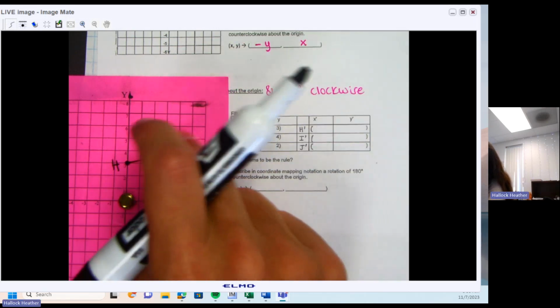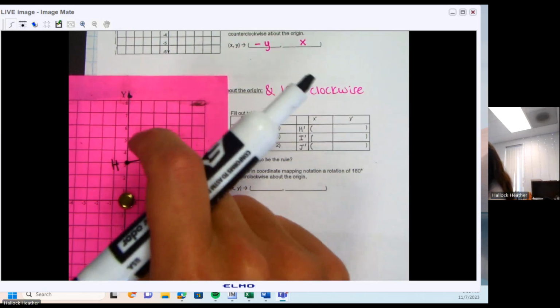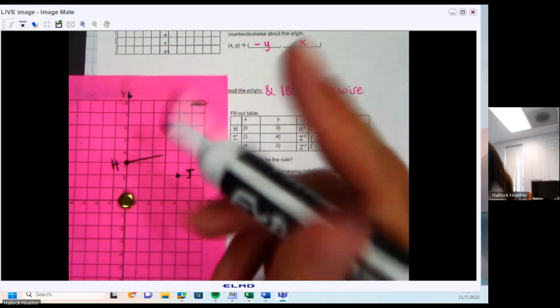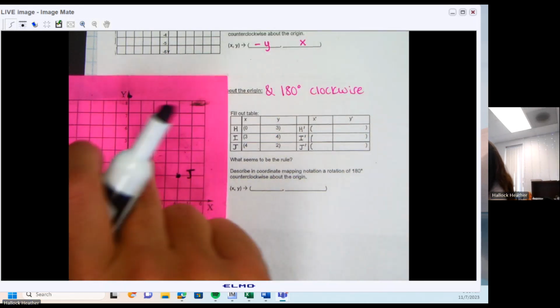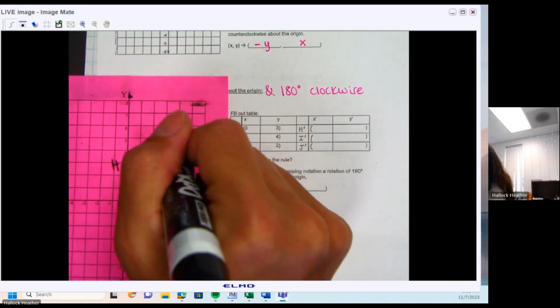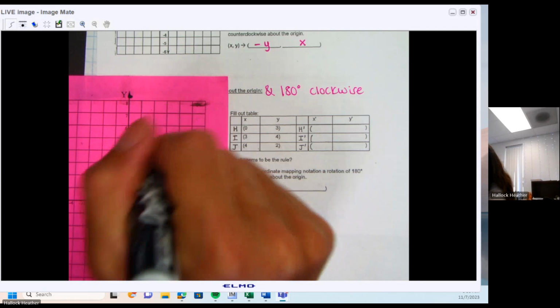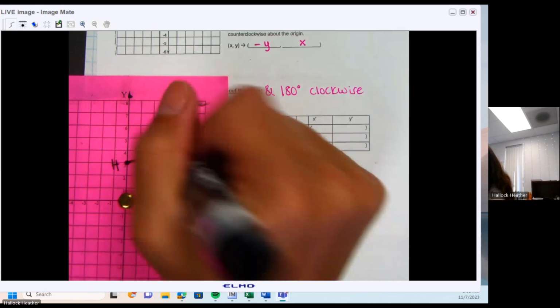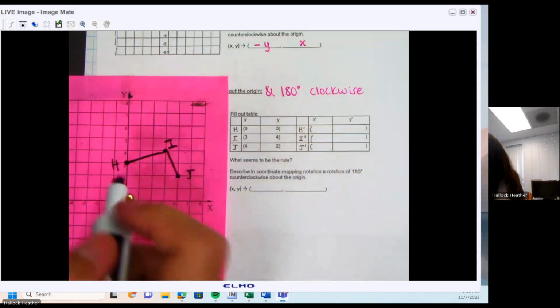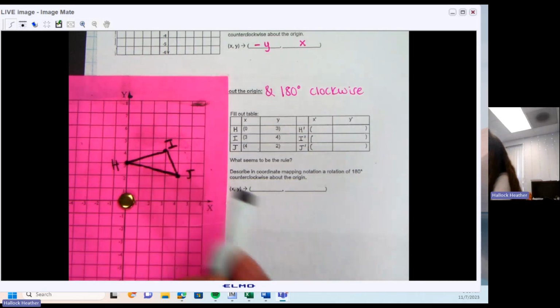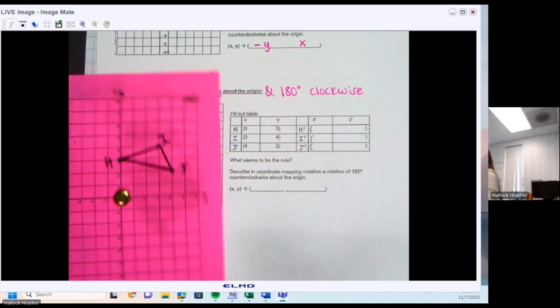Oh, I plotted the point wrong. Okay, so there's our original triangle.